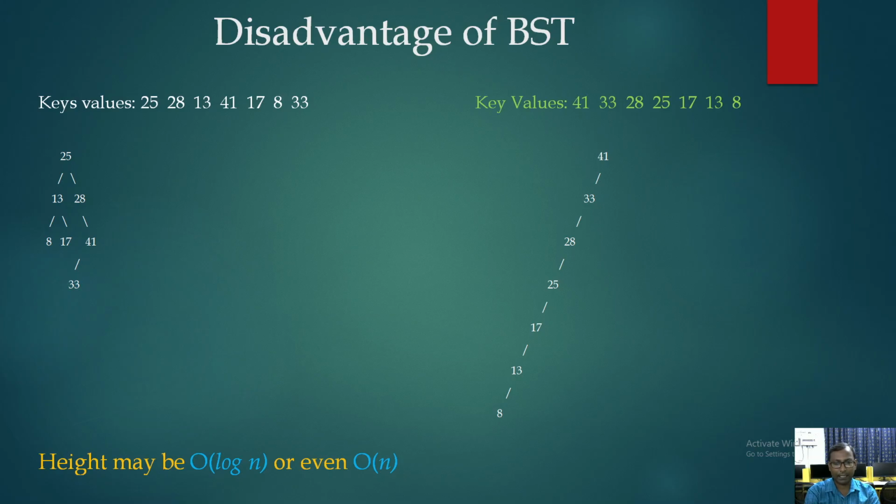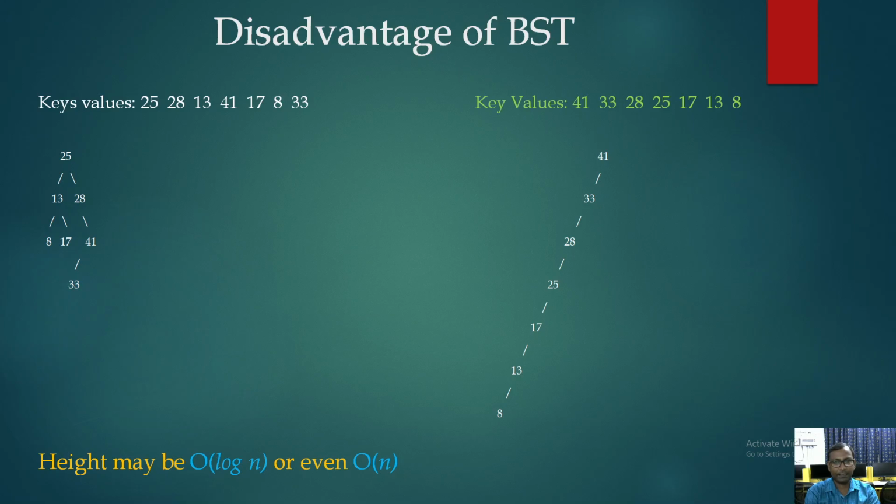As long as the height of the binary search tree is low, the different operations like insertion, deletion, and searching of an element will take very little time. But we cannot control the height of a binary search tree.